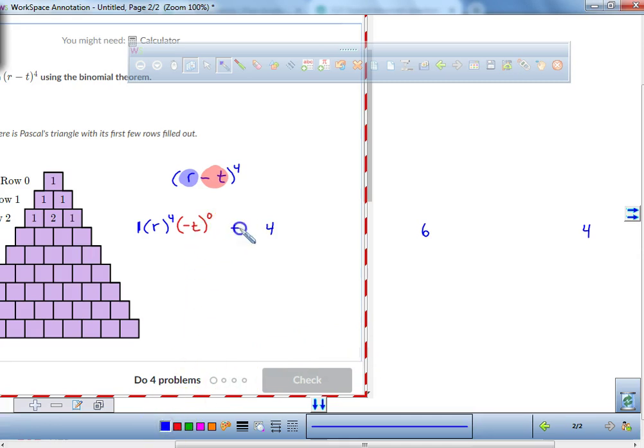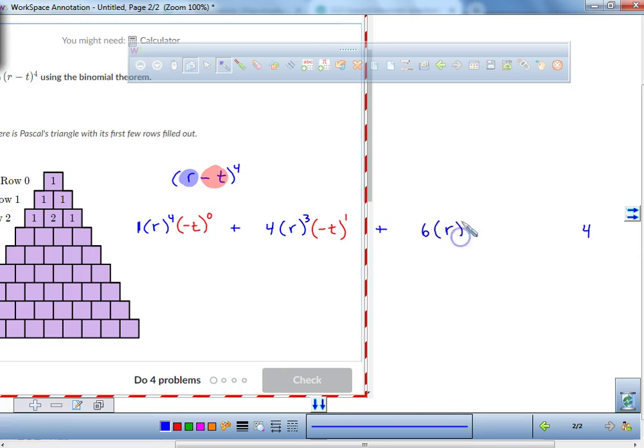Then I'm going to put a plus. Right here, I'm going to do r to the power of 3 and negative t to the power of 1. Put a plus. I'm going to pause the video real quick to see if anybody has any questions so far. All right, here we go.